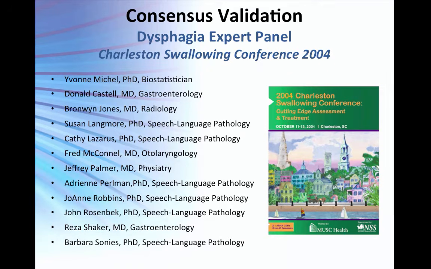This all started with a good systematic review of the literature back in 2004, presented to a panel of multidisciplinary experts, who helped us reach consensus on what things we should test during a modified barium swallow and what a scale might look like that could achieve a metric that would help us interpret swallowing physiology.